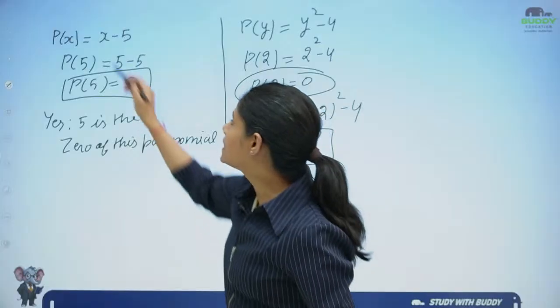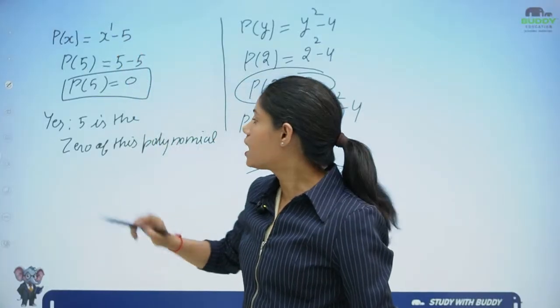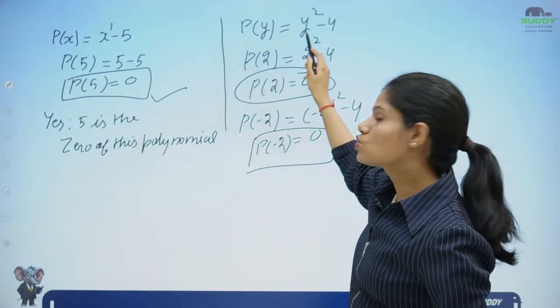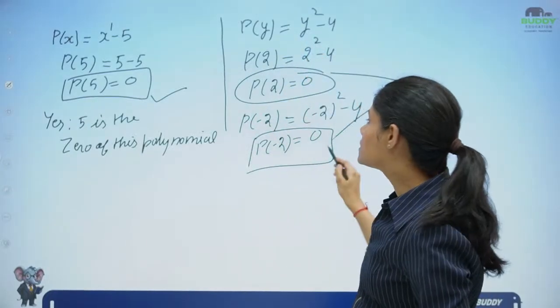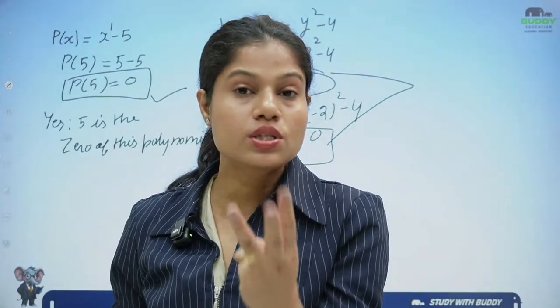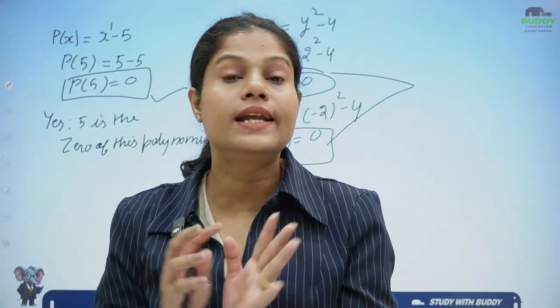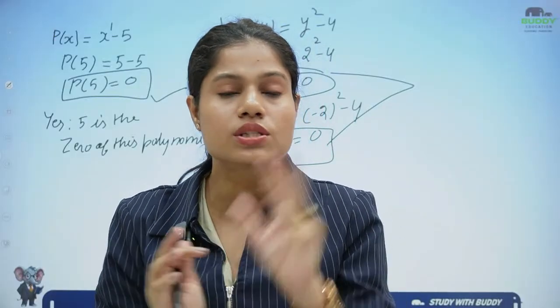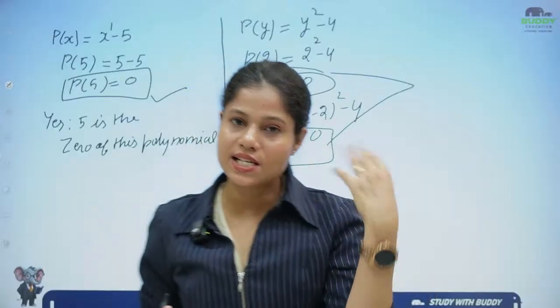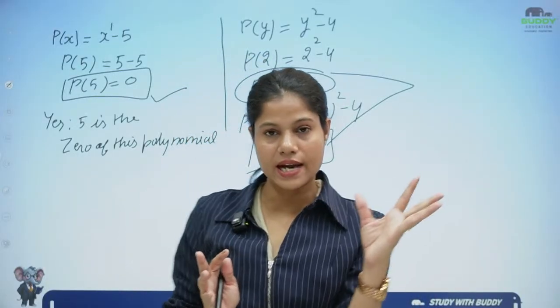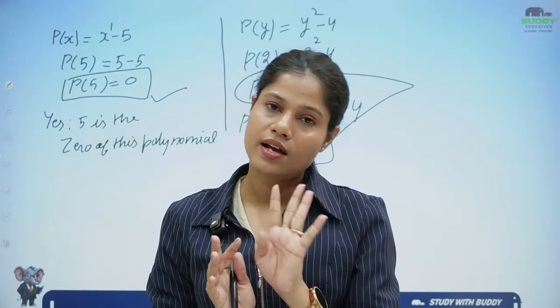It all depends on the degree of the polynomial. Suppose the degree of the polynomial is 1, how many values will you get as 0? 1. If the degree is 2, how many zeros? 2. If the degree of the polynomial is 3, suppose it is a cubic polynomial, then how many zeros can you get at maximum? It will be 3. If the degree is 4, how many maximum distinct zeros? 4.